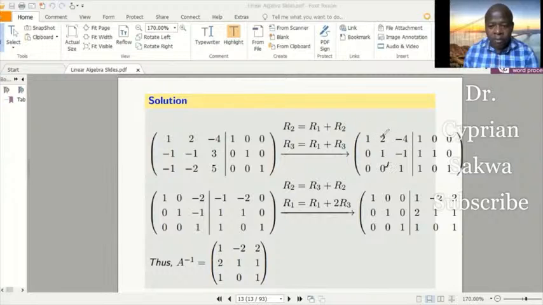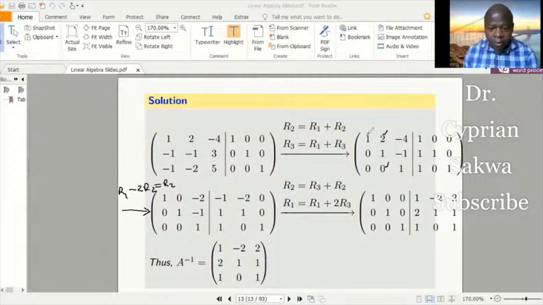So for us to have this become 0, what are we to do? We're supposed to take row 1 minus 2 row 2, and this should be our new row 1. So row 1 minus 2 row 2.